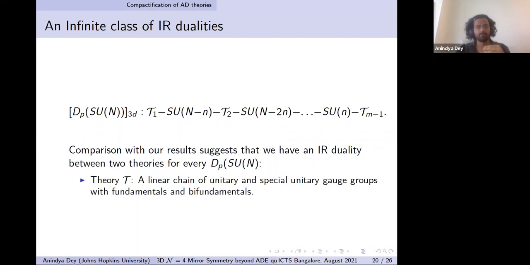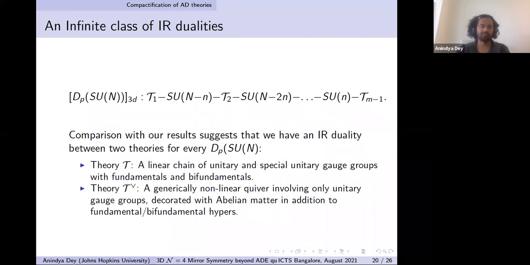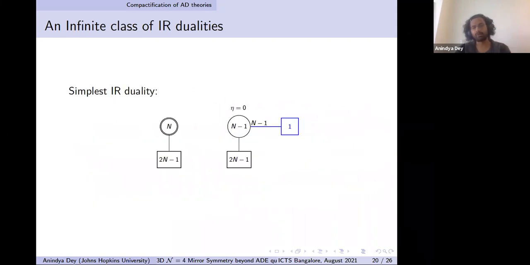On one side, you have a linear chain of unitary and special unitary gauge groups with fundamentals and bifundamentals. On the other side, you have a generically nonlinear quiver involving only unitary gauge groups and decorated with this Abelian matter, in addition to fundamental and bifundamental hypers. An IR duality of this form, but not related to any of the Argyres-Douglas theories, is this.